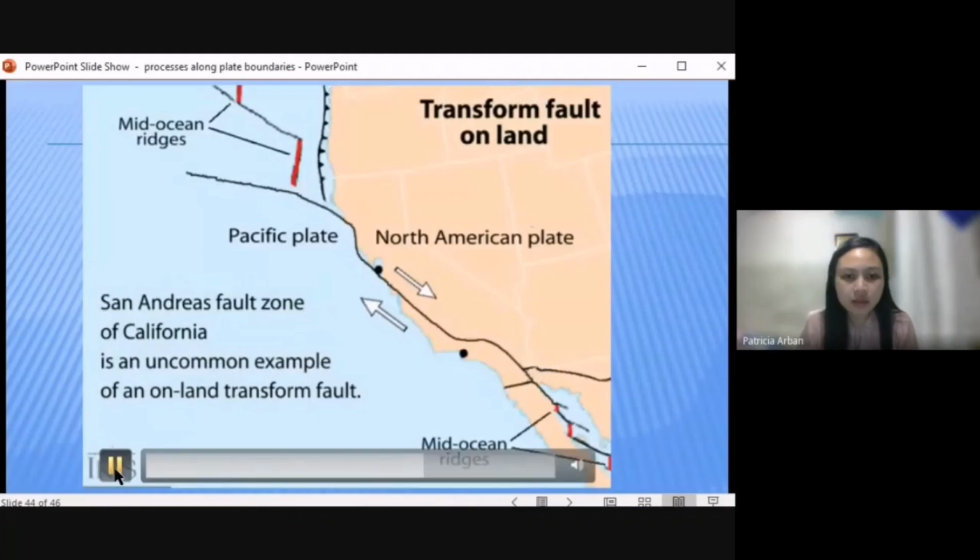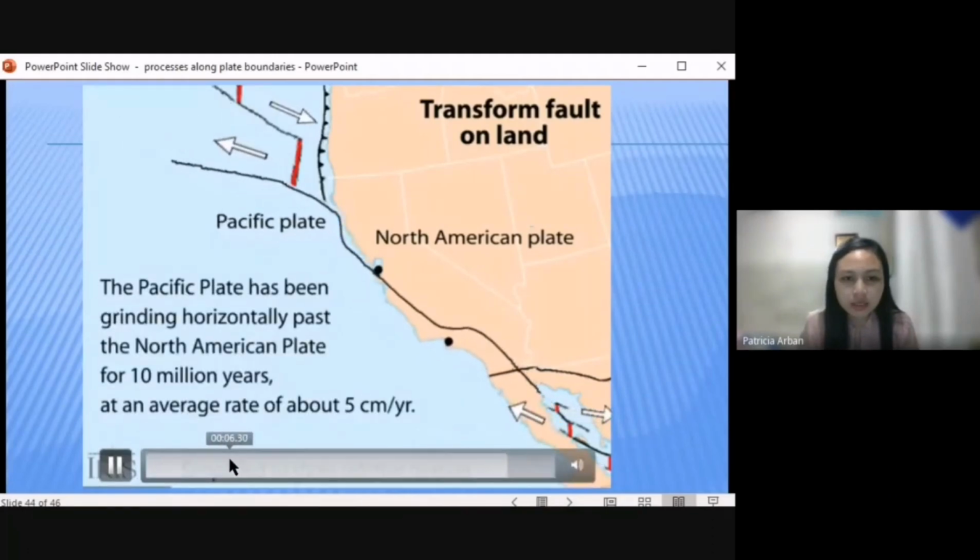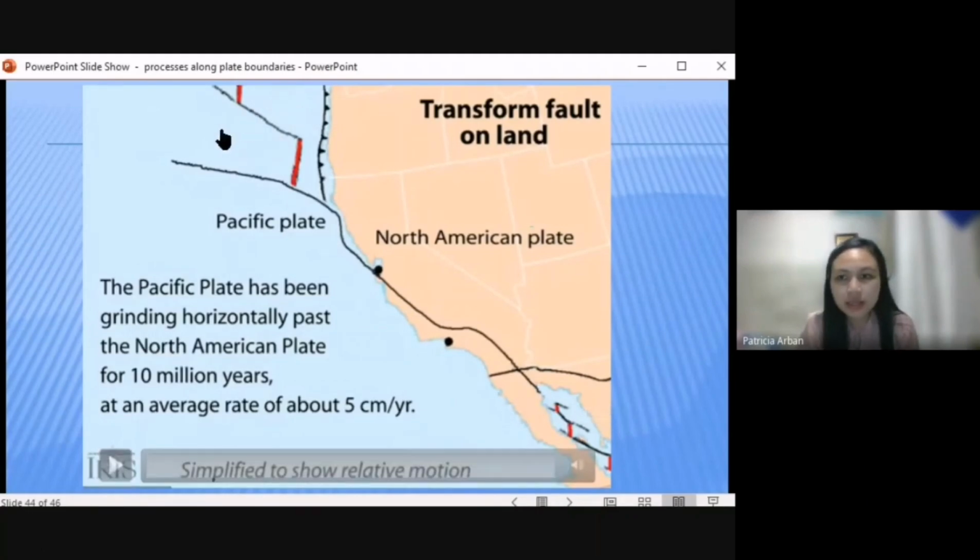And then we have here our example, which is the North American plate and the Pacific plate. Also, up here, we have the one in the Mid-Atlantic Ocean.